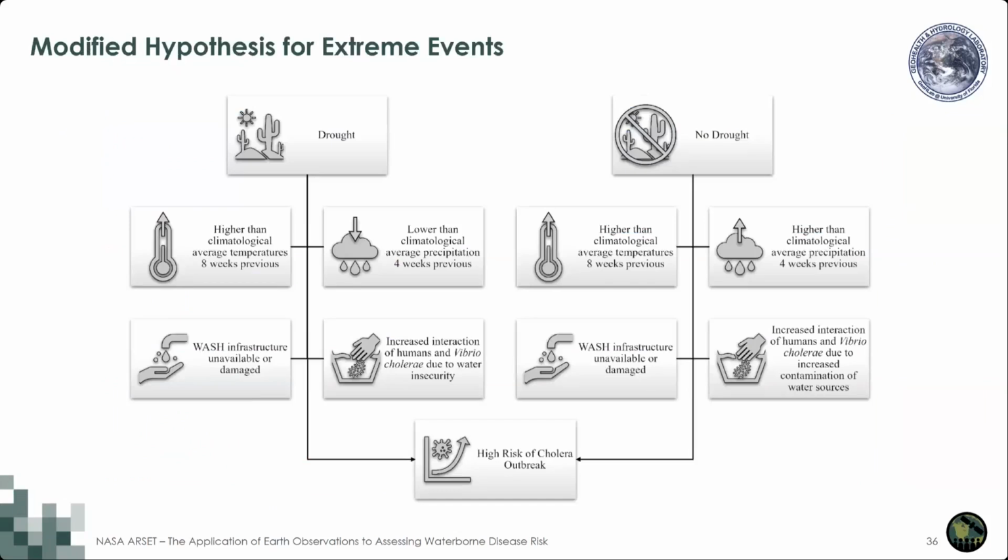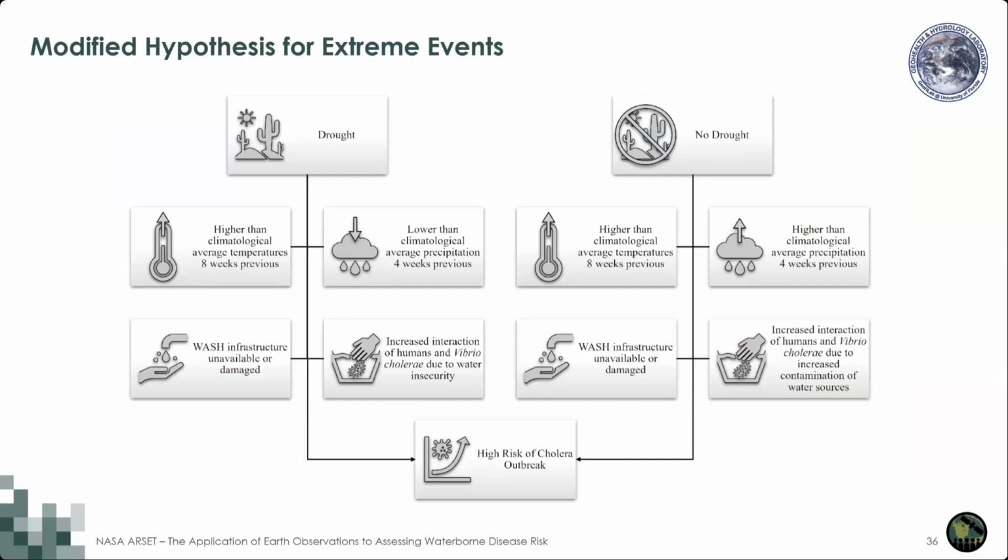Once we looked more into this region and other regions like Ethiopia, we noticed that there was a pattern of places that were undergoing a drought and had, again, that higher than climatological average temperature in the 8 weeks previous to the outbreak. But this time in combination with a lower than average precipitation for the previous 4 weeks when that drought was present, that led to the higher risk of cholera outbreaks if the WASH infrastructure was unavailable or damaged.